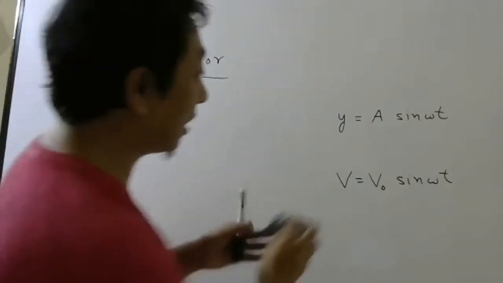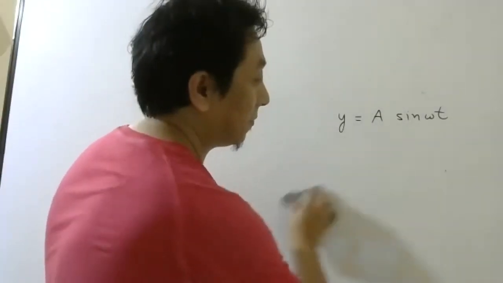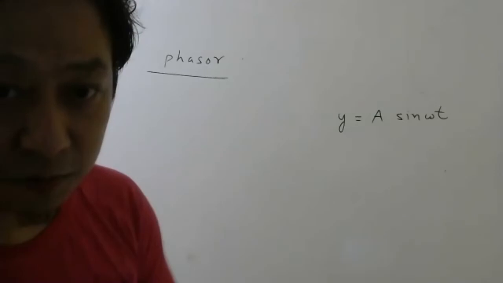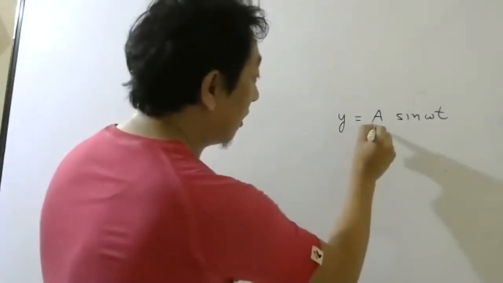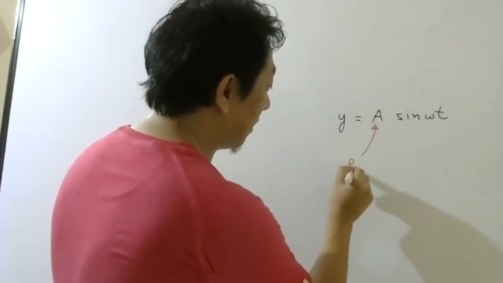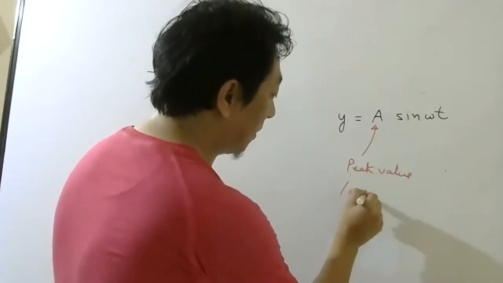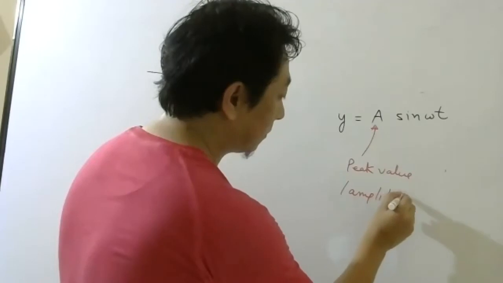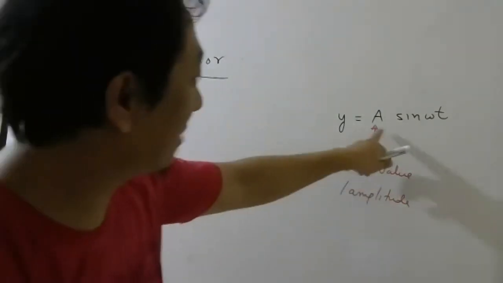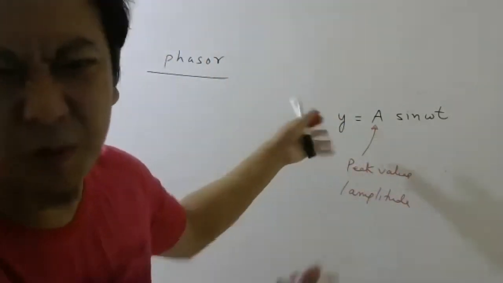Now if you look carefully, any alternating function will have two things. One is this value, called peak value, which is also called amplitude, which is also called the maximum value of this y, whatever this y represents.